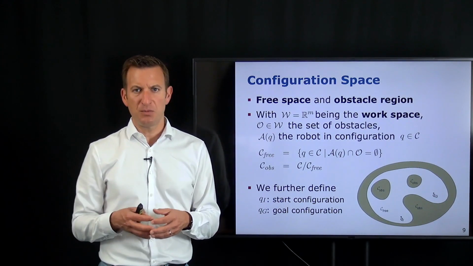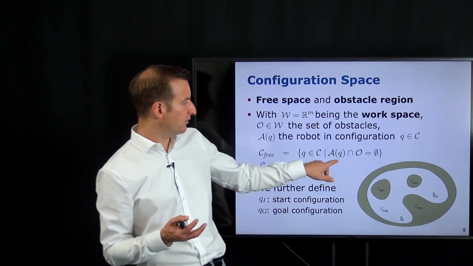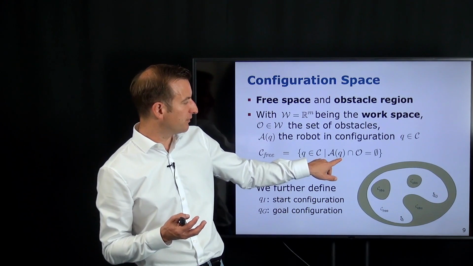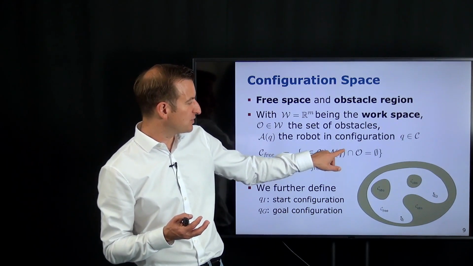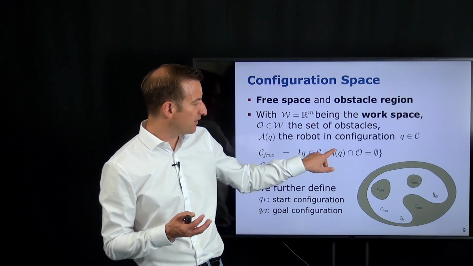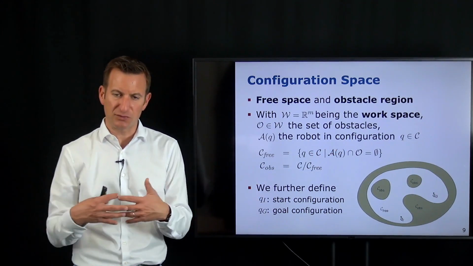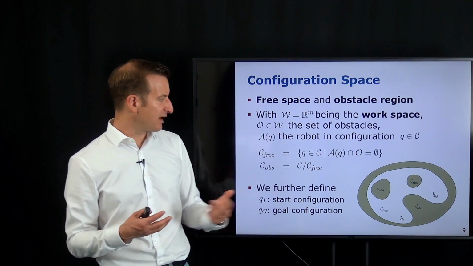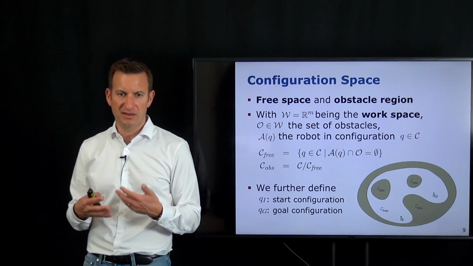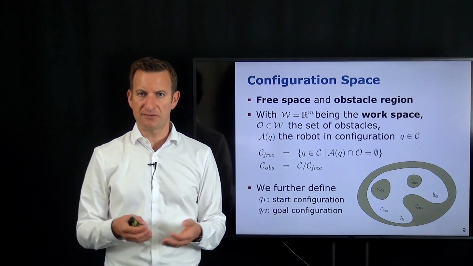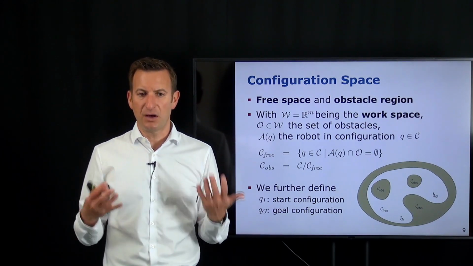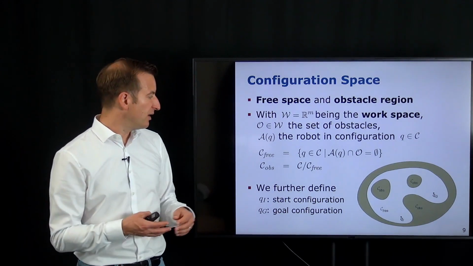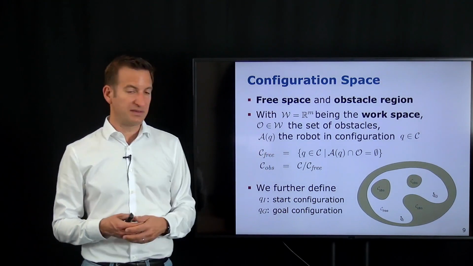A of Q denotes all the positions of the robot given a certain configuration Q in this configuration space, because the robot has a certain extent. If I'm intersecting this with all the obstacles that I have, and this is the empty set, then the configuration Q lives in the free space. And the obstacle space is basically the complete configuration space except for the free space. We are interested in planning only in this free space.